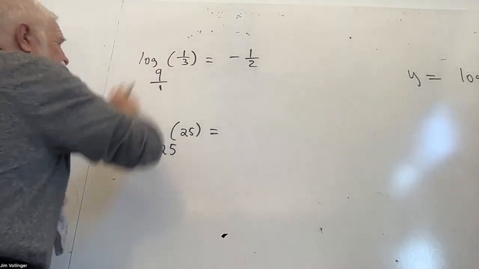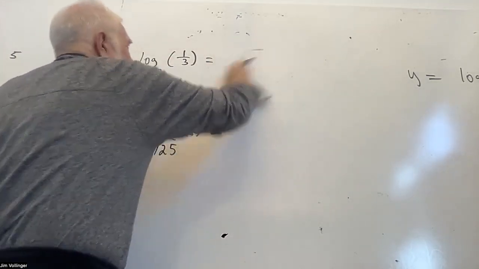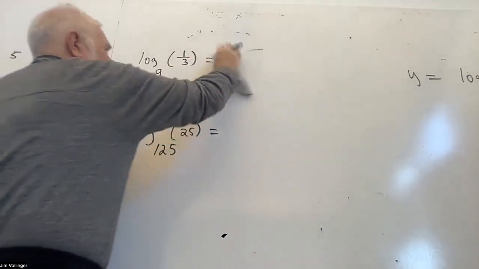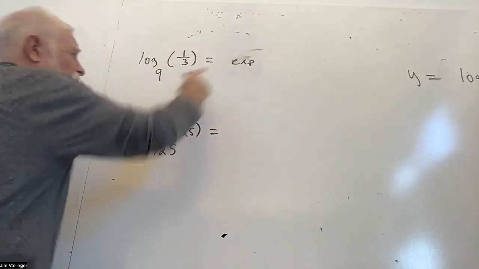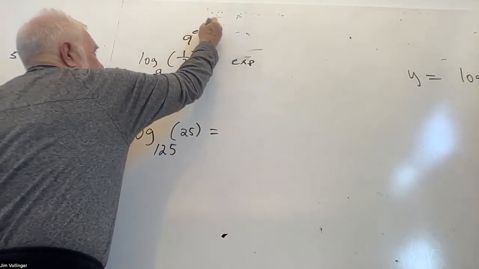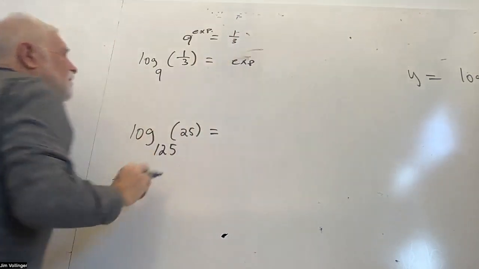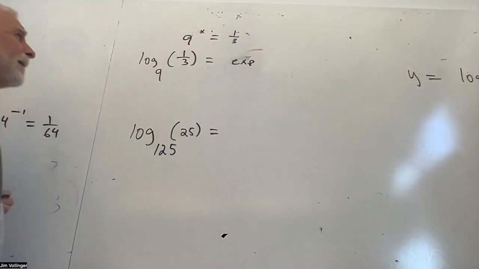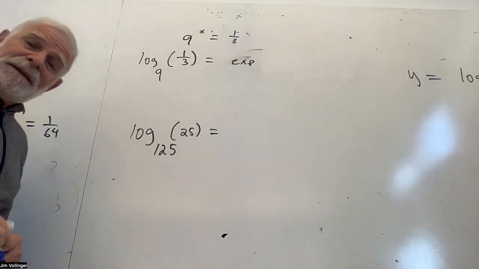So we're going to change this into exponential form. Okay, and I guess we're looking for that value, and that's an exponent. Maybe I'll even write exp. Where do exponents go? They go on top of bases. So I'm trying to find the exponent that gets this job done. Okay, and now I'm going to erase the p and the e. The thing about rules of exponents is you have to have the same base.